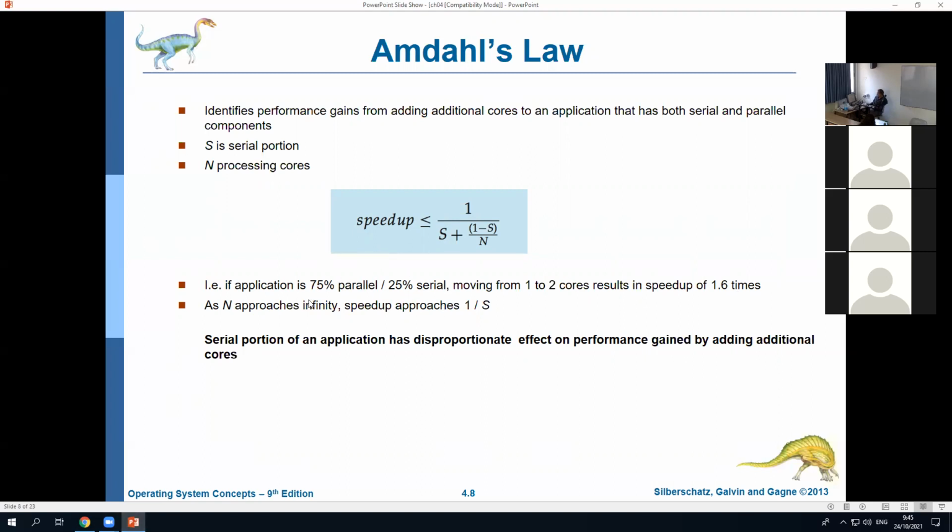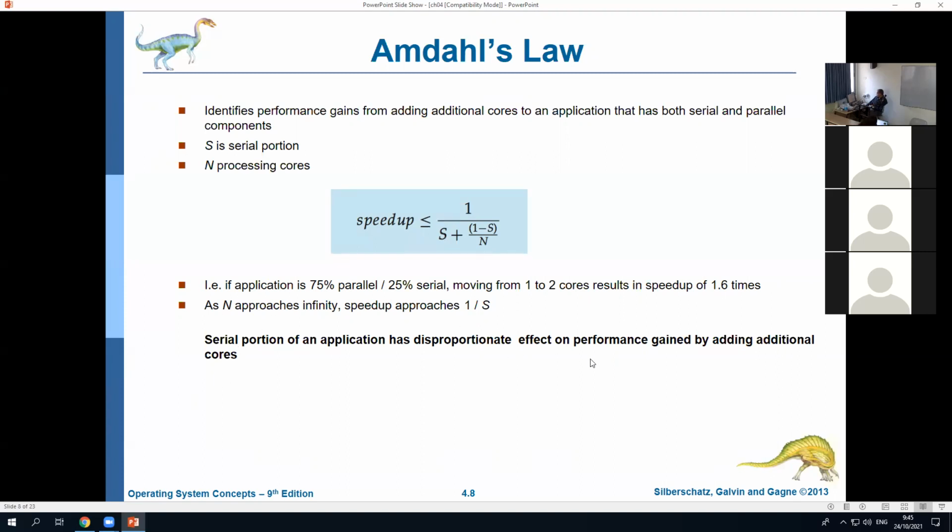If the whole thing could be parallelized into 2 things, if it was 100% parallel, then it would be 2 times as fast. But it's only 1.6 times as fast, because only 75% of it can be parallelized. Basically, you add 25 plus half of 75, and you get about 62%, and then 1 over that, I think we get 1.6, something like that.